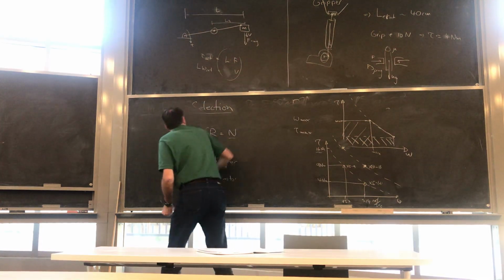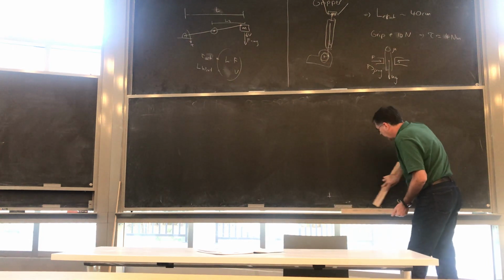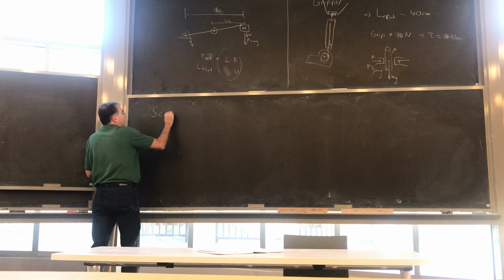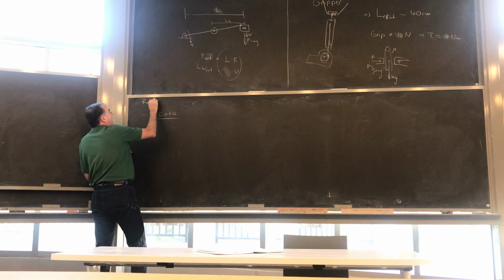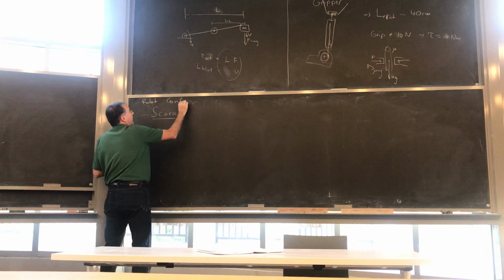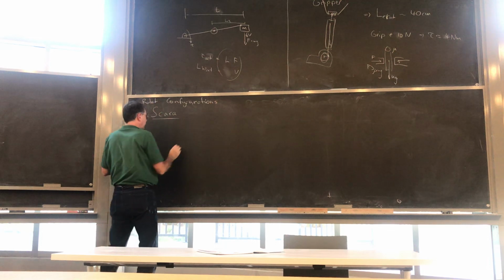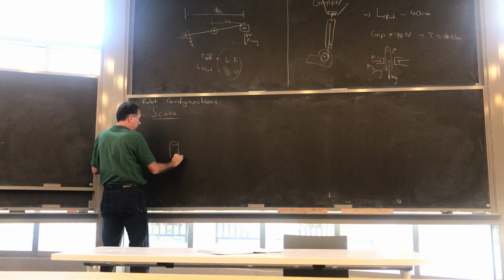Because I mentioned it last week and we talked about it on Friday with teams. The reason a SCARA configuration, so these are robot configurations. So if I draw this, there's always a question of how to draw this.